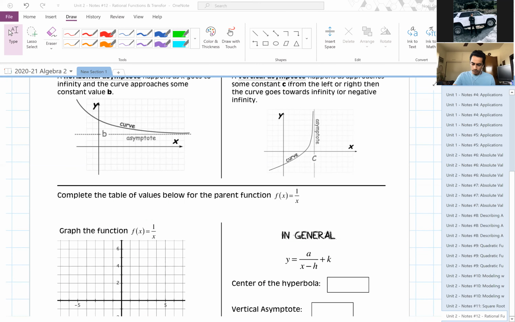You would have 1 over 0. And what is 1 over 0? No, it's not 0. You can't divide by 0.